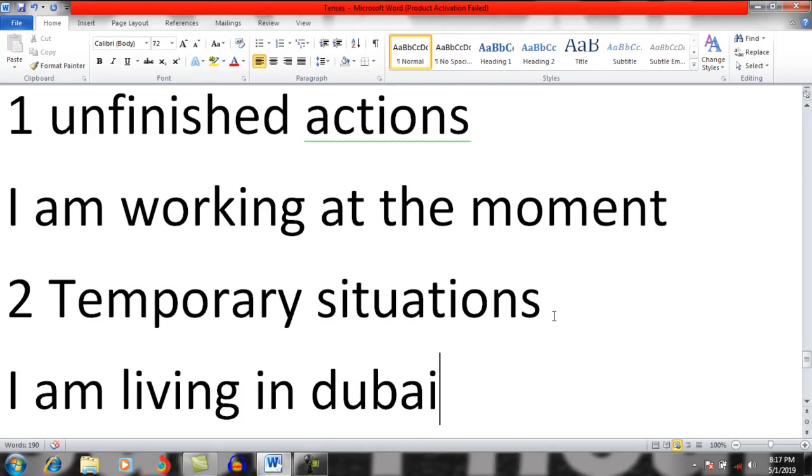I'm living in Dubai means that the situation is temporary. I'll have to change my destination, I'll have to go somewhere else and settle over there. So in that situation, we use present progressive. We use present progressive for situations which are temporary, not permanent, as compared to present simple. Whenever we talk about temporary situations, we just use present progressive.